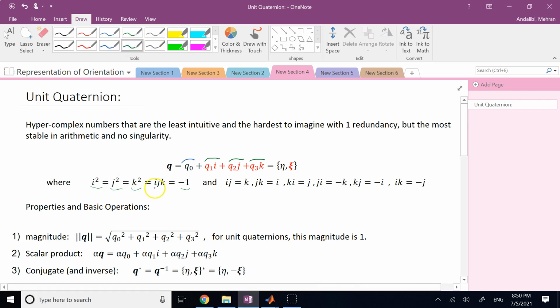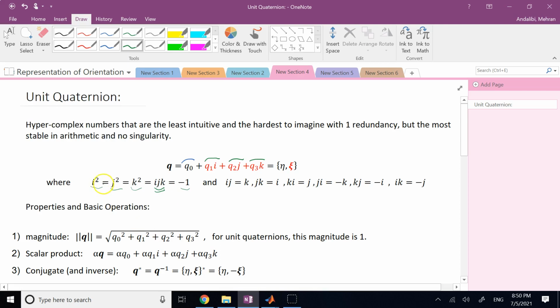So this is a different definition. Okay, this we never had. So far, i squared, j squared, k squared equal to -1. You can understand it's like generalizing i to also j and k. But this part, that the three of them multiplied together is also -1, is something interesting, okay?